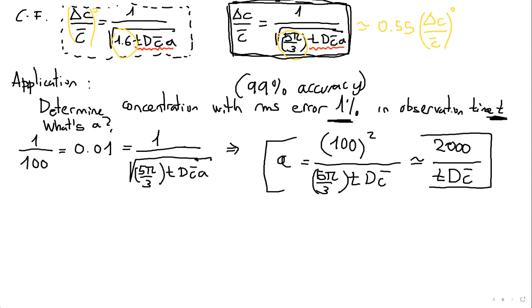So, okay, I think with this, I have given you two types of models to measure the concentration. The main result you have to remember is that the error in the concentration measurement, okay, this is the standard deviation over the mean, goes like 1 divided by square root of the time you measure, the diffusion coefficient of the molecules, the real concentration you would like to measure, times the size of this region where you are taking measurements.